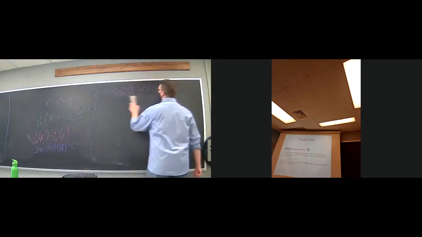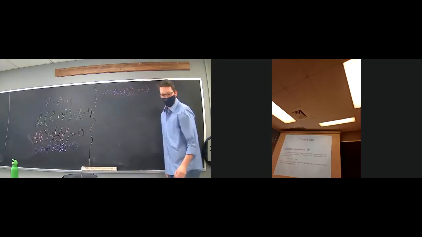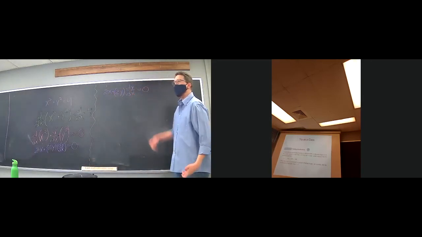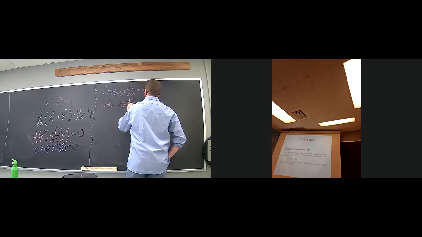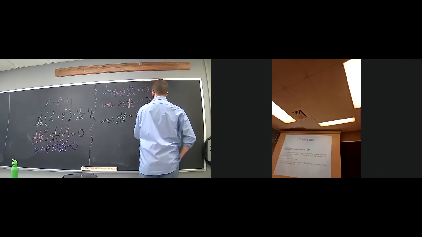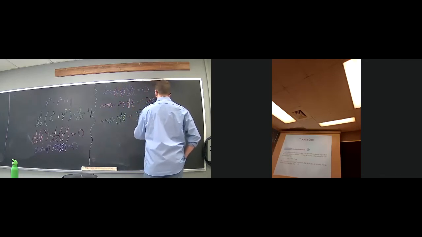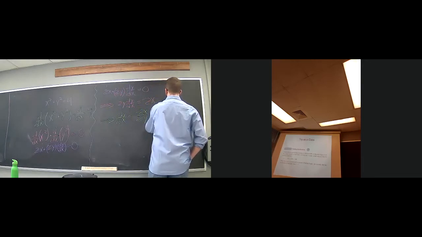But we want to know what the slope is of all these tangent lines. So now we have to solve for dy dx. And what this tells us is that 2y dy dx is equal to negative 2x. So dy dx is equal to negative 2x over 2y, or negative x over y.